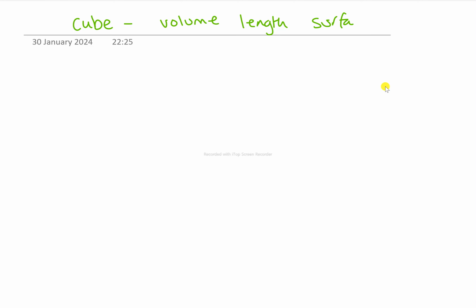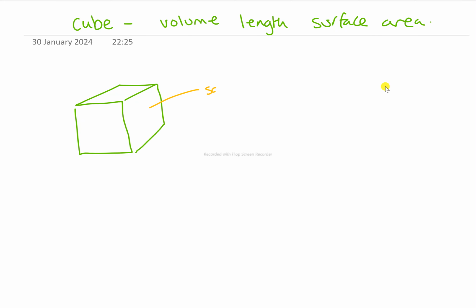This is another question that comes up. Volume, length, and surface area. I have a cube. When someone's talking about a cube, you know each of the faces is a square.